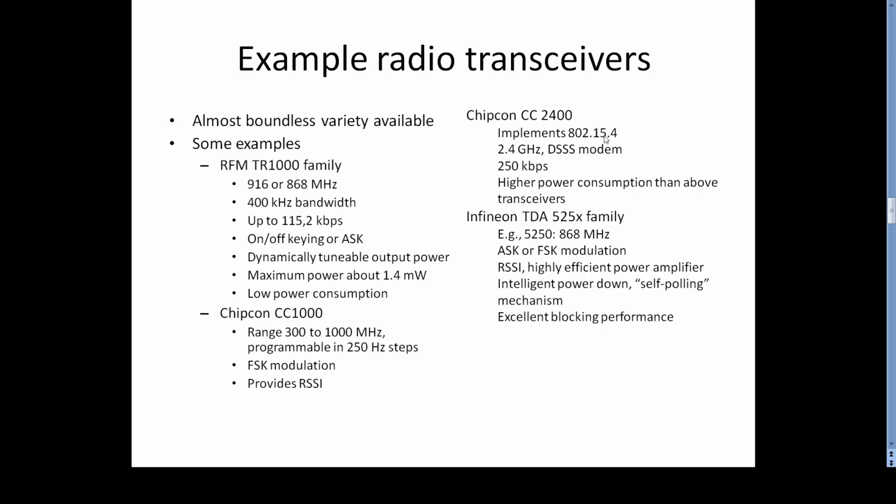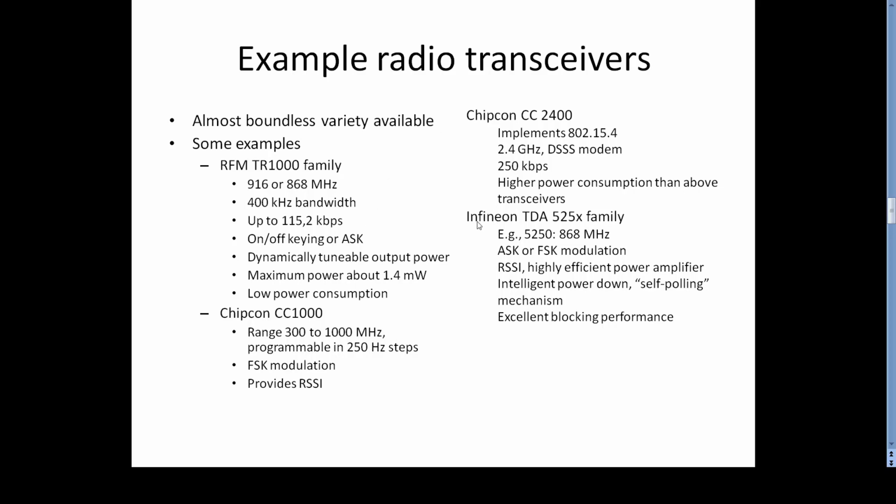It implements 802.15.4, and here a DSSS modem is used, and the frequency is 2.4 gigahertz, and it supports 250 kbps, and has higher power consumption than the Chipcon CC1000.